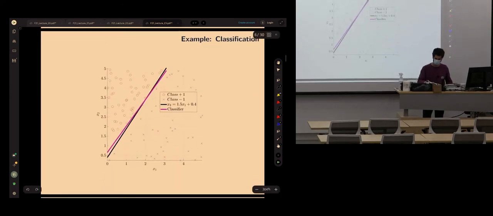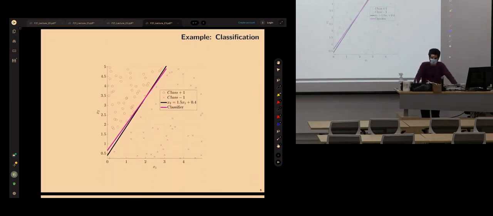Now, our goal is to find a line, in general a hyperplane, like this pink line here in the image, that is as close as possible to that black line, and it can classify the space. In a real problem, of course, we don't know the ground truth, that true model is not available to us.